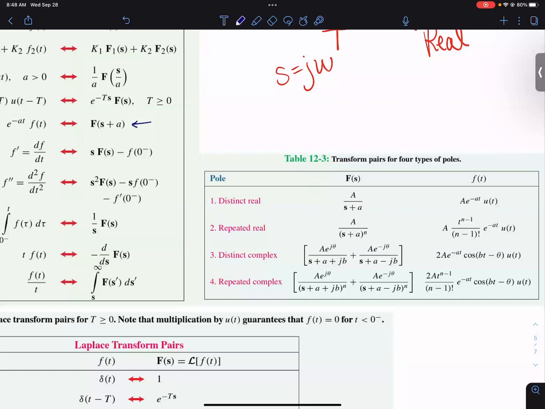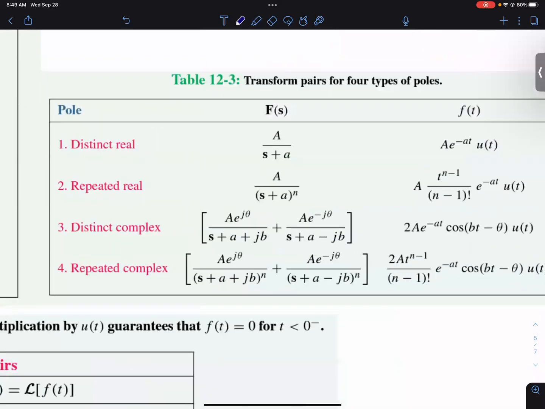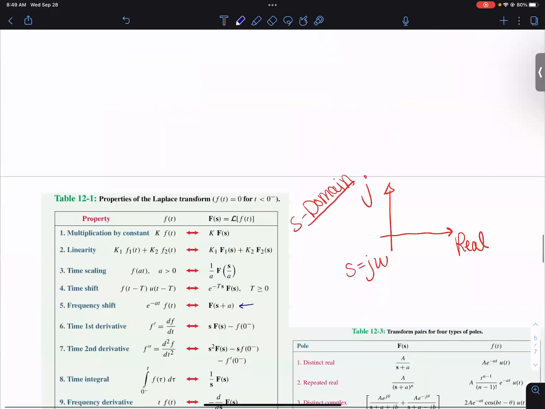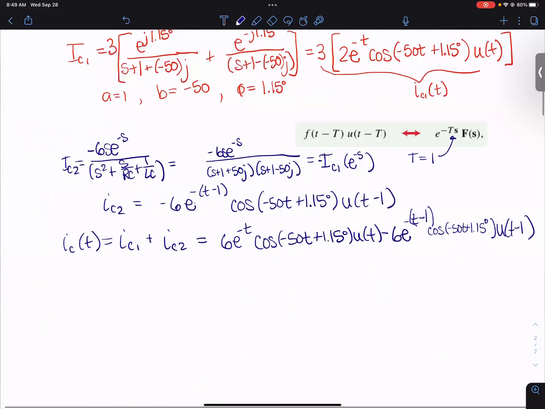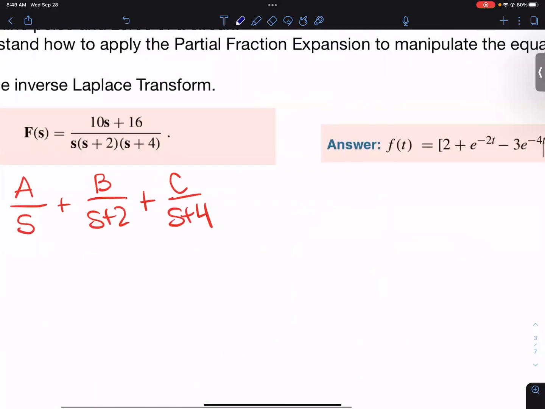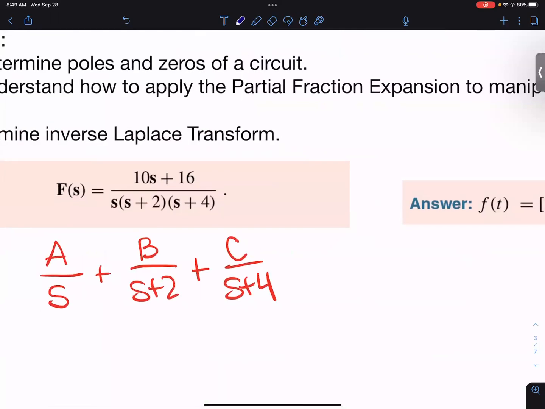So F of s is usually, for our systems, either a distinct real root or other forms. So I'm going to back up to these. As you know, if you get an equation to this type of form, you're going to have what are called zeros and poles.